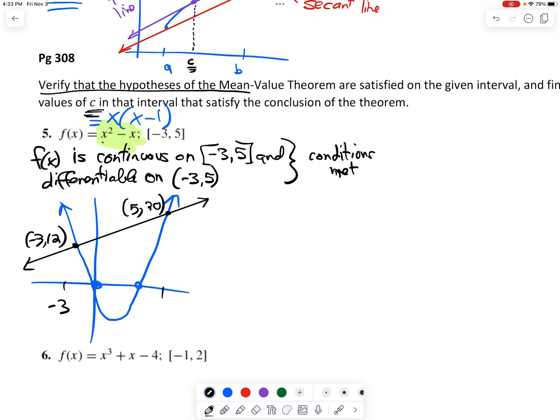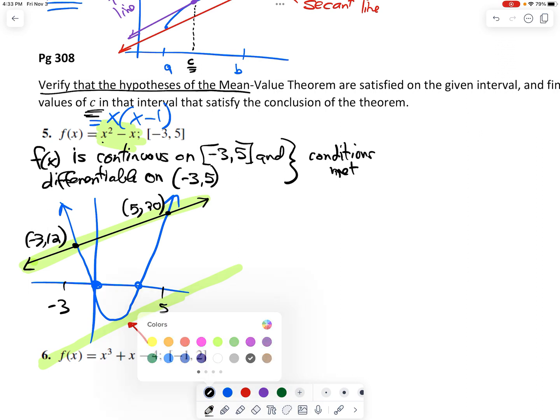So that sets us up for the mean value theorem. And ahead of time, I see that slope of this line is something like that. Where is that slope going to be the same? It's probably down somewhere here, kind of close to the vertex. So most likely I'm looking for a point somewhere in there.